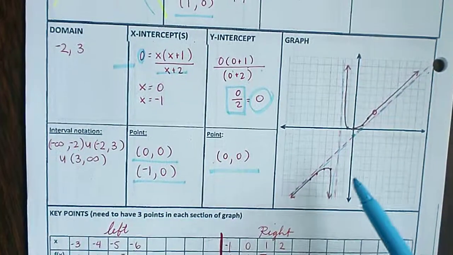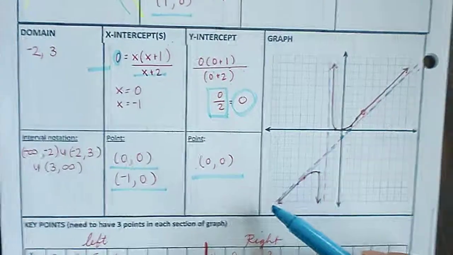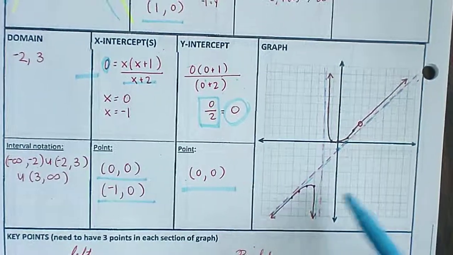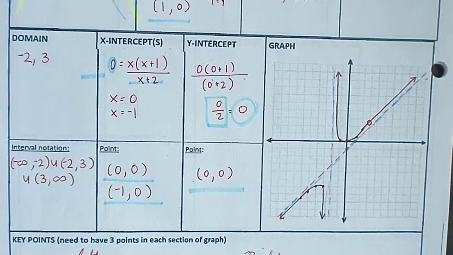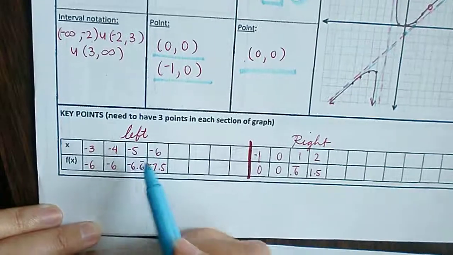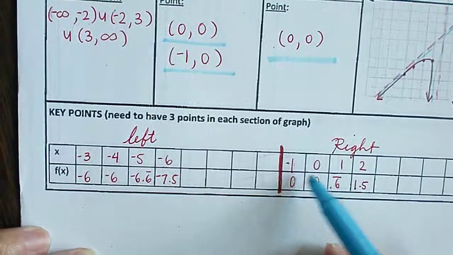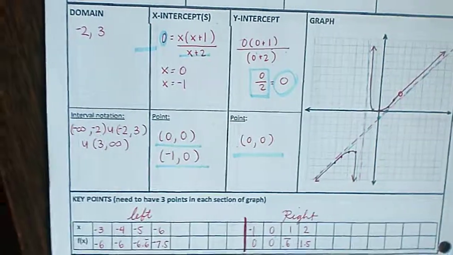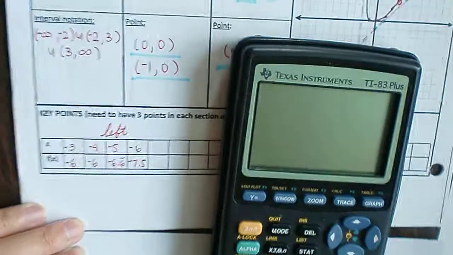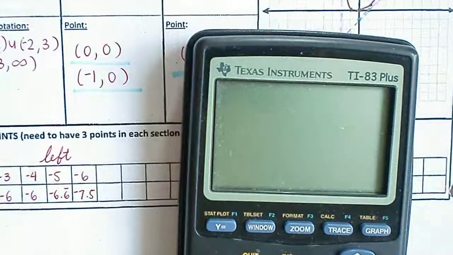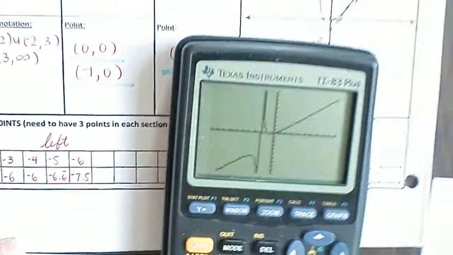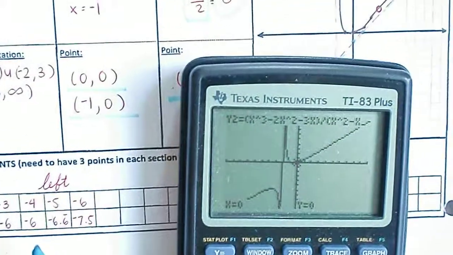And now to find the graph, what I did was I chose numbers left of the vertical asymptote and right of the vertical asymptote. The numbers I chose were -3, -4, -5, -6, -1, 0, 1, 2. To find the y, you put in your equation, press trace, and enter the number you want to find.